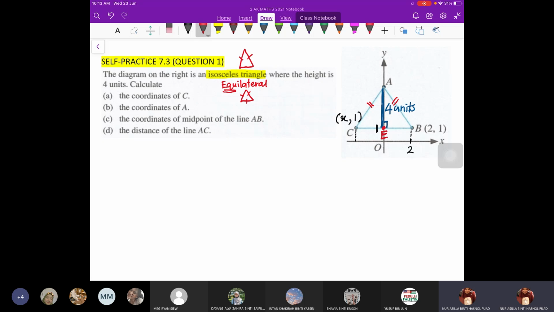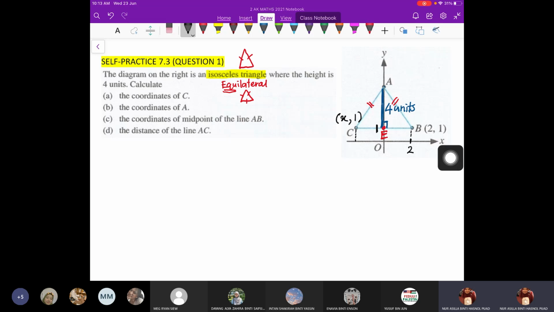Kita label sebagai E. B to E automatically dia punya length akan sama dengan E to C, sebab this is an isosceles triangle. Dia potong kat tengah kan? So maksudnya length EB dengan EC is the same. Jadi since kat sini is from 0 to 2 the distance, jadi distance O to C ataupun E to C will also be 2.